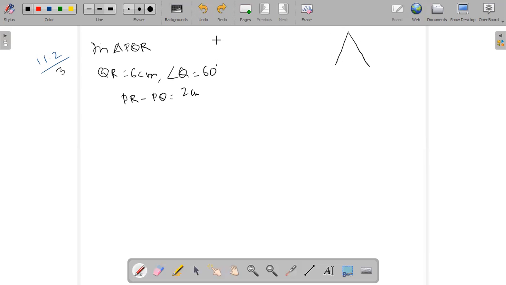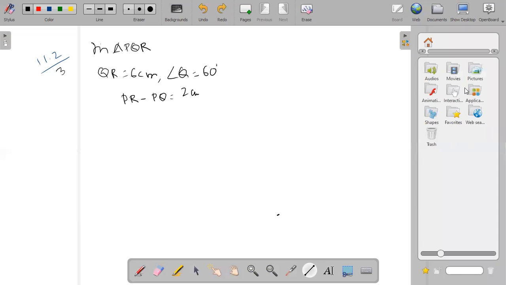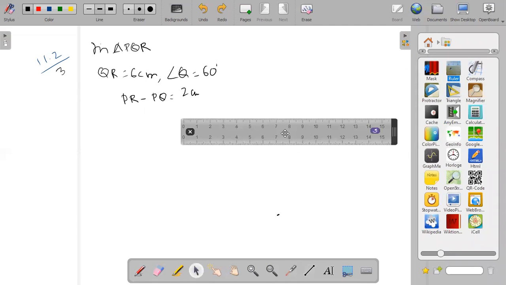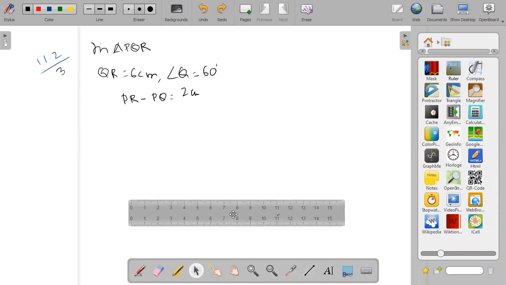So first, what we will do, we will take one 6 centimeter side, QR, a straight line QR of 6 centimeters. Take the ruler and draw a line of length 6 centimeters.